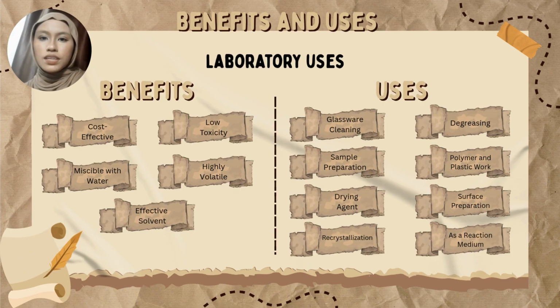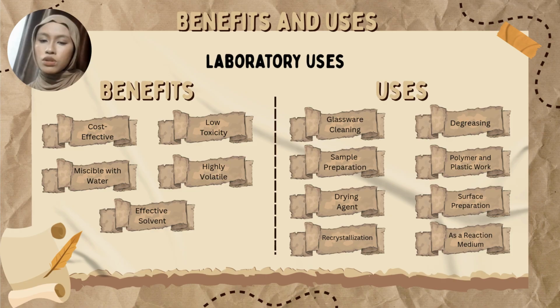Next are the benefits and uses of acetone in the laboratory. First benefit is that it is highly volatile: acetone evaporates quickly, leaving minimal residue. Secondly, it is an effective solvent. Acetone dissolves a wide range of organic compounds, including oils, greases, and resins.